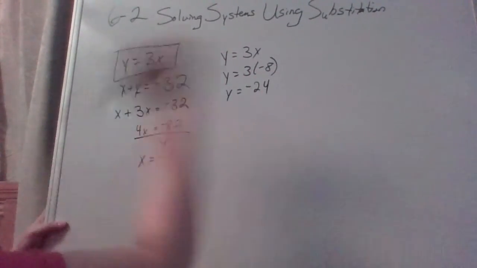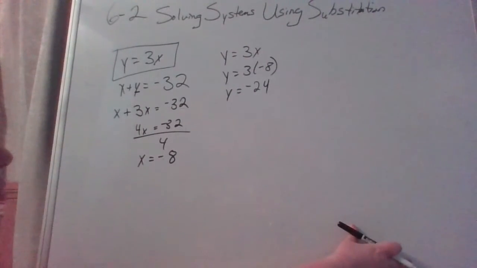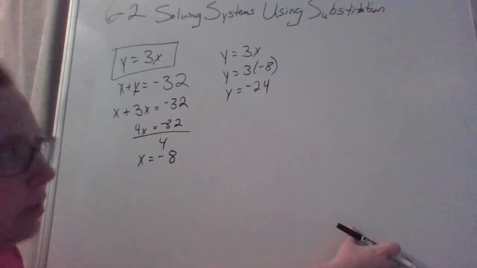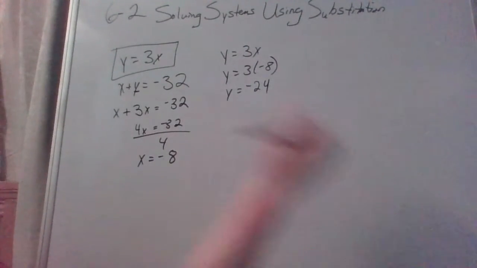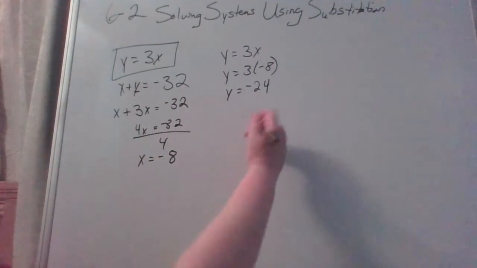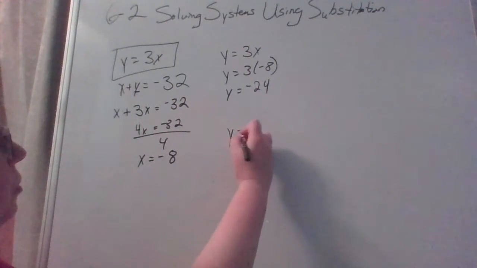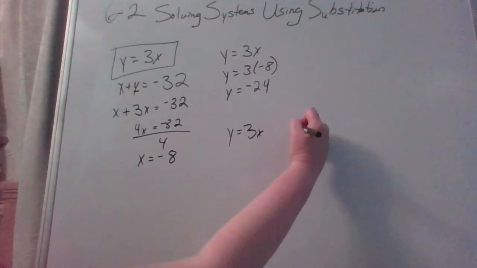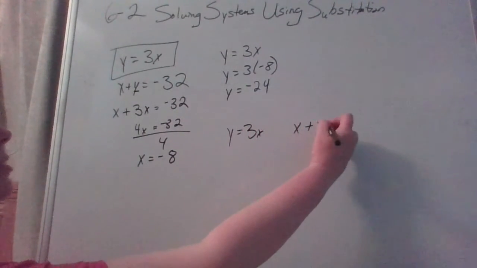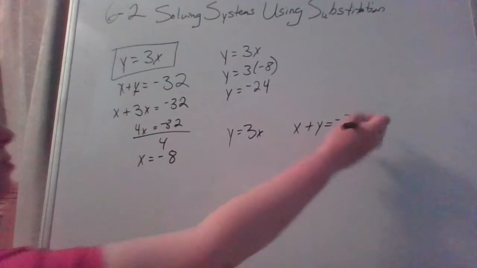Alright, so we just figured out what x is, we figured out what y is, and now we are going to check and make sure we were right. When we do that, we're going to go back to our original two equations. So we're going to check both and rewrite them both. So y equals 3x, and then x plus y equals -32.